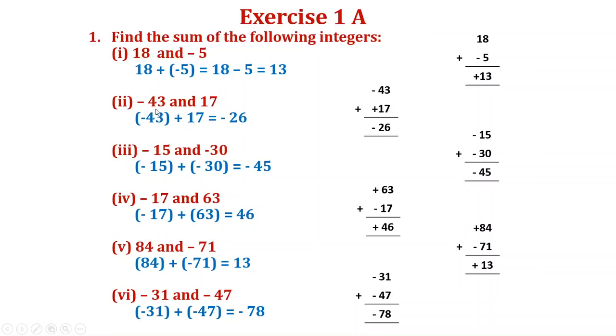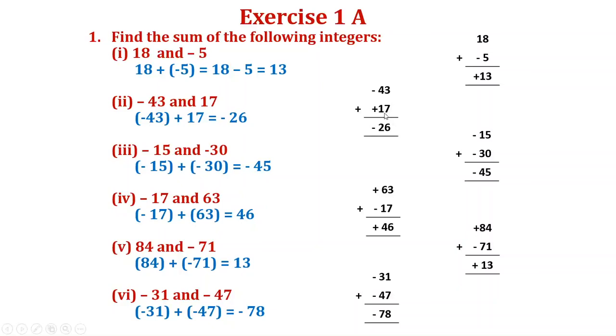See the second problem here, minus 43 and 17. Here also the two integers have different signs. Minus 43 has a minus sign, 17 has plus. So you are adding minus 43 to plus 17. What is the rule here? Rule 2.